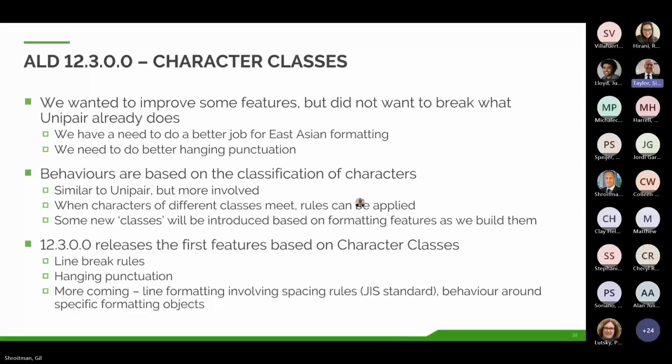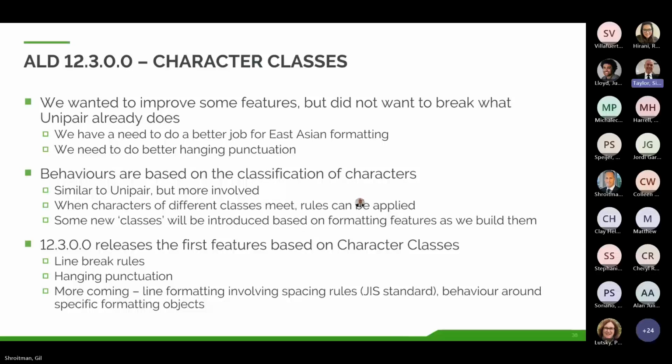This next section, I'm going to talk about a new feature. It's quite a big feature already, but it's only going to grow as we develop and build out this area of functionality. In lots of different language formatting, there is a requirement to be able to recognize when characters from a class of characters is adjacent to characters from another class of characters, or it's adjacent to a line end or some other sort of formatting event.